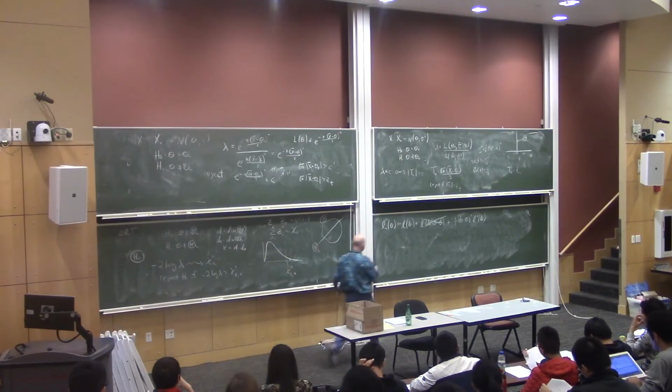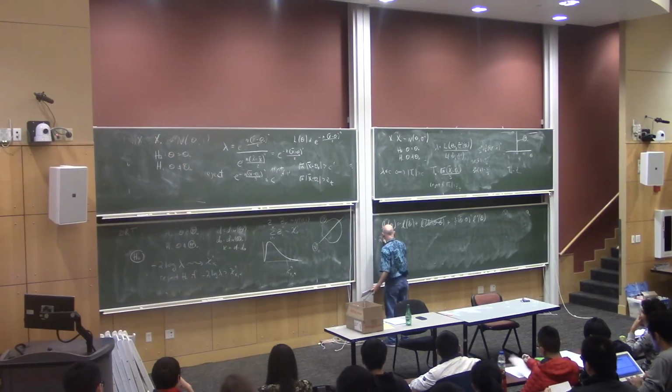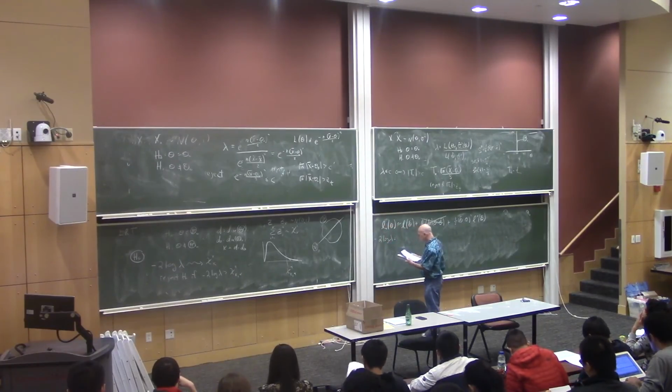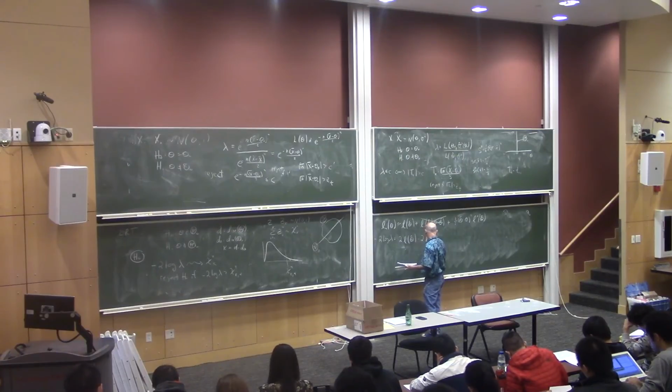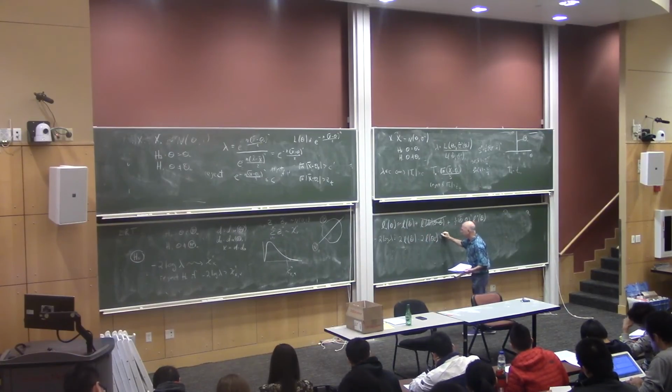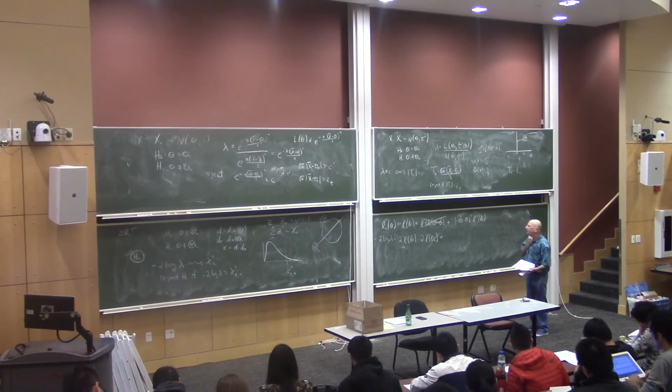So minus 2 log lambda, therefore, is equal to 2 times L of theta hat minus L of theta 0. That's actually exact. Now approximately equal to, I'm going to use this expression up here.